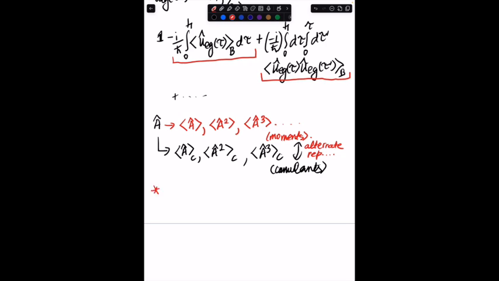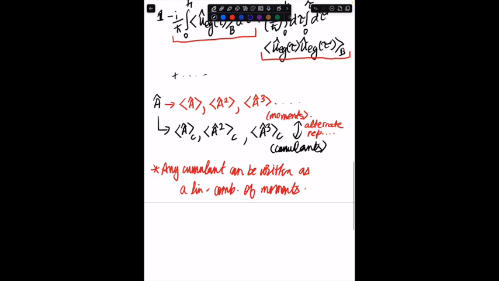So let me note that down. Any cumulant can be written as a linear combination of moments. So essentially, it's just an alternative representation.